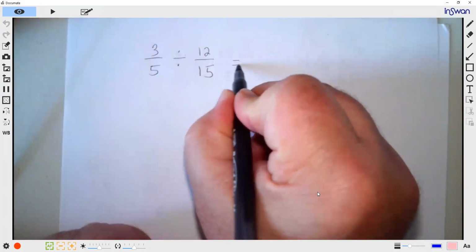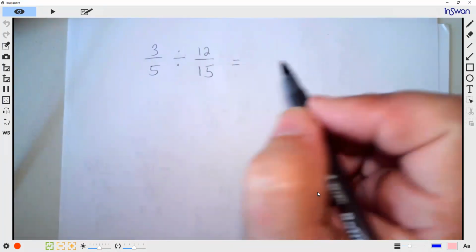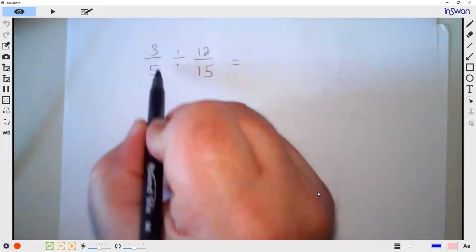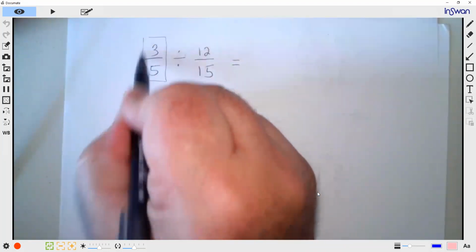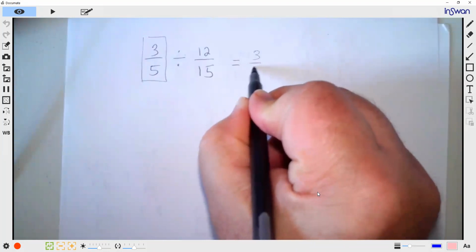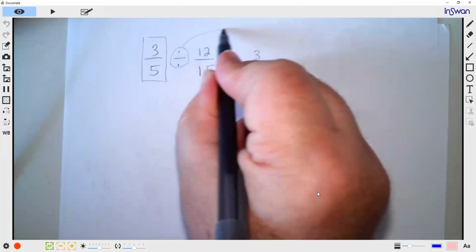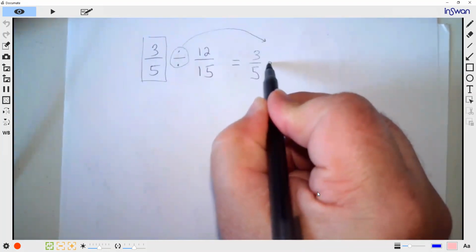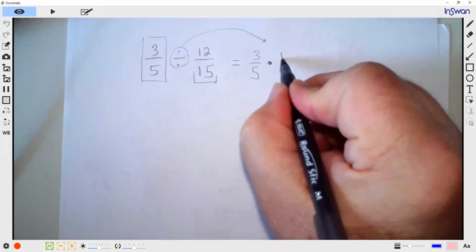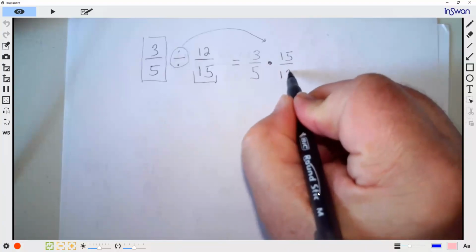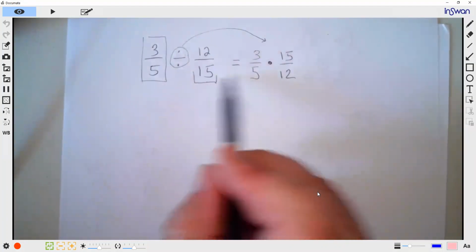I'm not really sure. I would say to divide 3 by 12, but I'm not sure if that would be right. Ah, very good. Whenever you have a complex fraction, leave the first fraction alone, change the sign to multiplication, and flip the second number. Very good. 12 over 15 becomes 15 over 12.